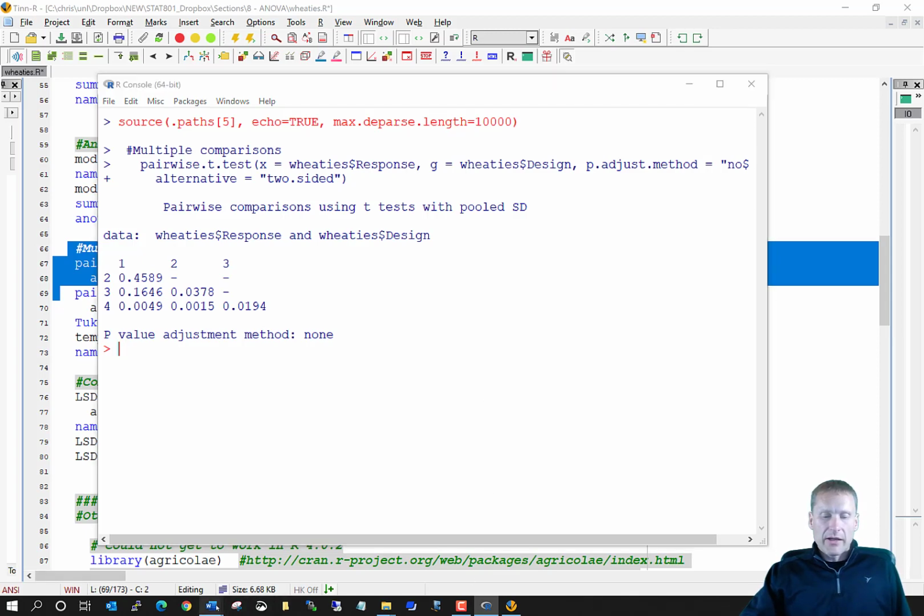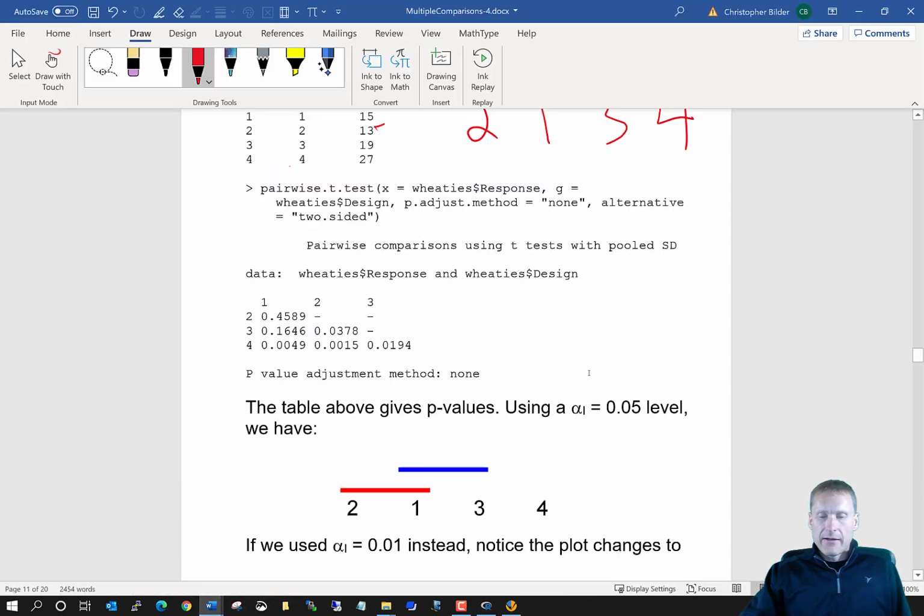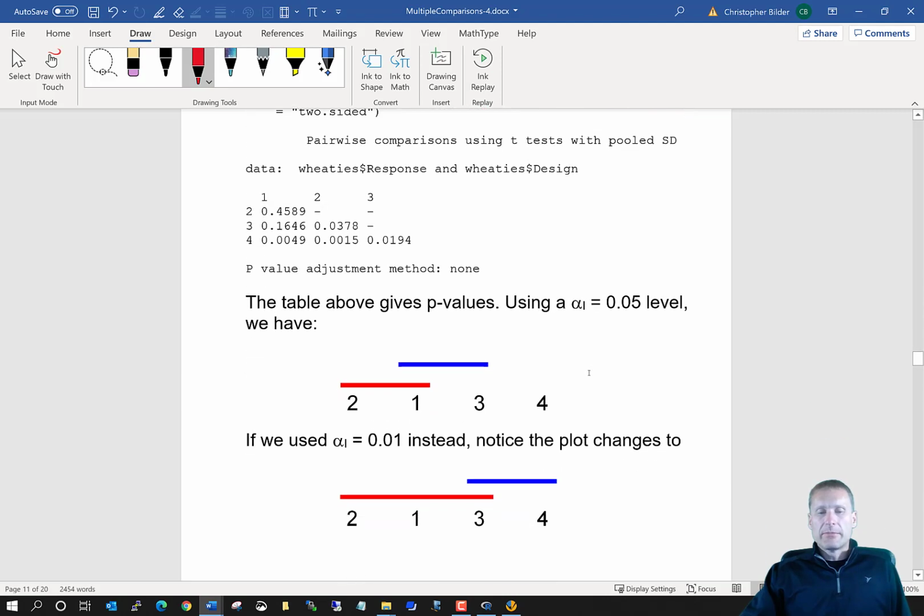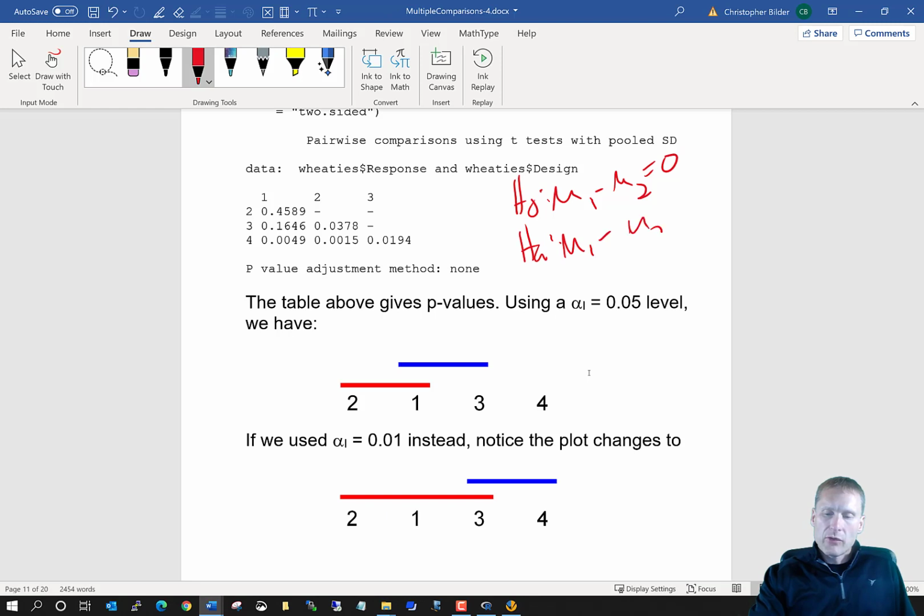So let me go back to my Word document. For the test of mu1 minus mu2 equals 0 versus mu1 minus mu2 does not equal 0, I find the 1 here, I find a 2 there. Here is my p-value, 0.4589.